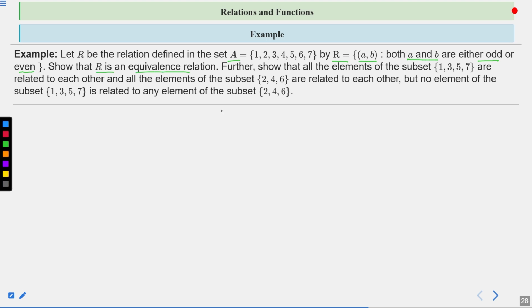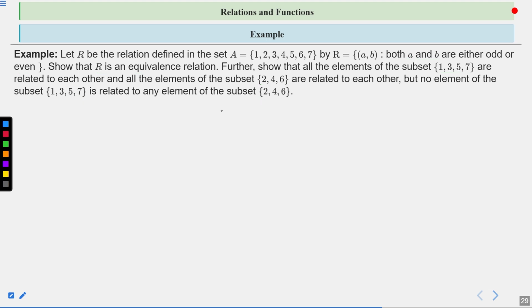Further, show that all the elements of the subset {1, 3, 5, 7} are related to each other, and all the elements of the subset {2, 4, 6} are related to each other. But no element of the subset {1, 3, 5, 7} is related to any element of the subset {2, 4, 6}. Simple. So the first task for you is to show the given relation is an equivalence relation.